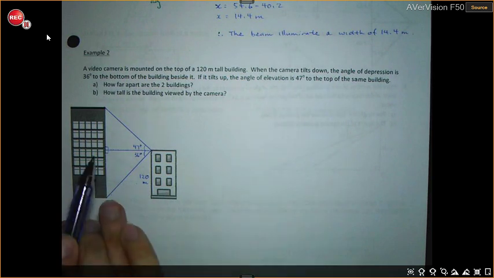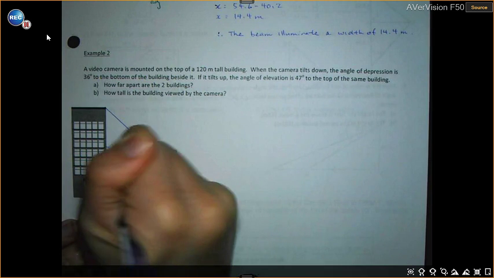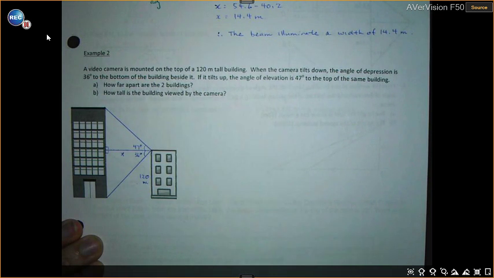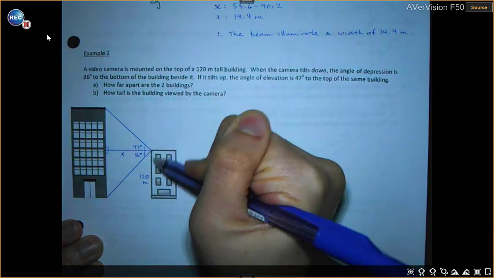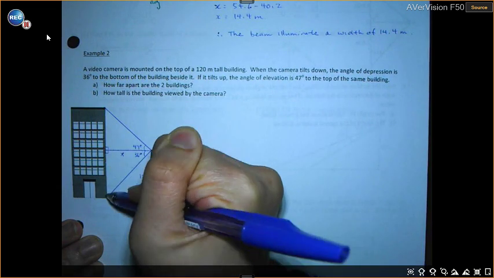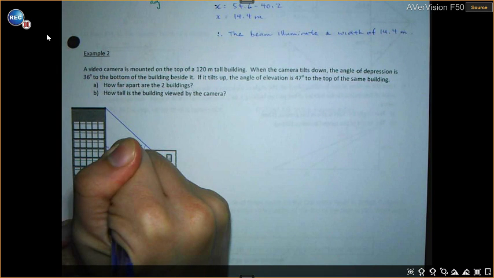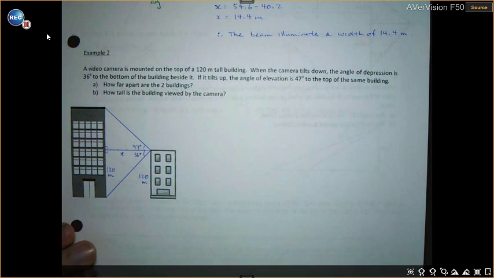We're finding the distance between the two buildings, so we're looking for this distance here. The shorter building is 120 meters tall, so this is the same thing as this side here, 120 meters. I just label all the information that's given and what we're trying to find.